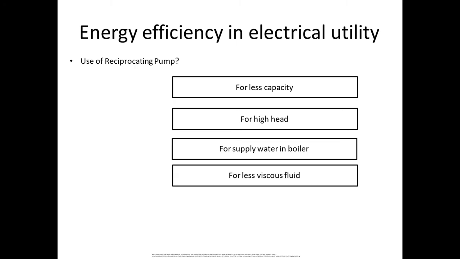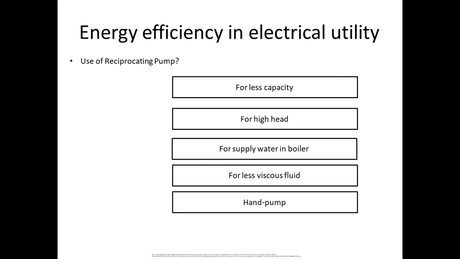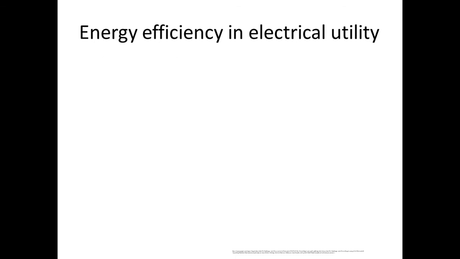For less viscous fluids, if the viscosity of a fluid is low, then it is preferably utilized with a reciprocating pump. The hand pump generally used at home is an application of the reciprocating pump.